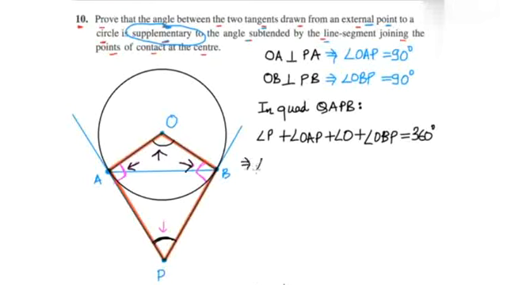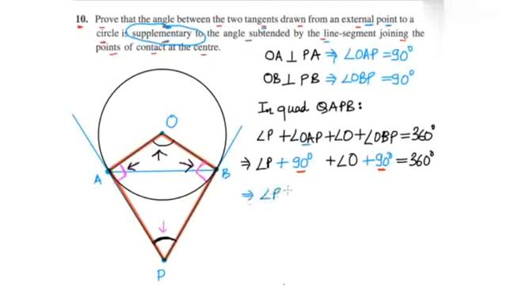Okay, so angle P and angle O, we leave them as they are. And then instead of angle OAP, we write 90 degrees. And instead of angle OBP also, we write 90 degrees. So this sum is equal to 360 degrees. Now we can combine this 90 and 90, so that will give us 180.